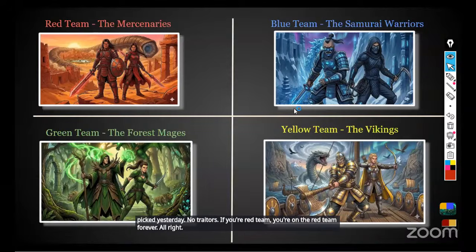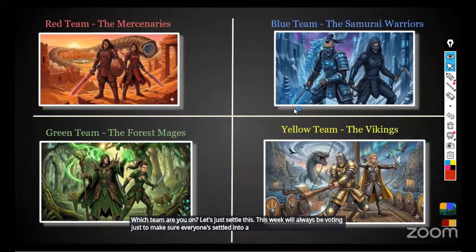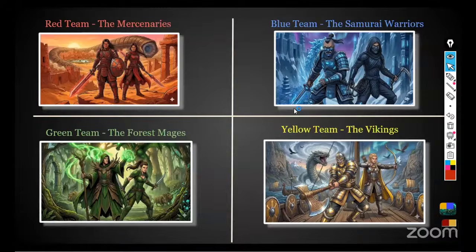So let's do the polls again. They're just for fun, right? Which team are you on? Let's just settle this. This week, we'll always be voting just to make sure everyone's settled into a team.